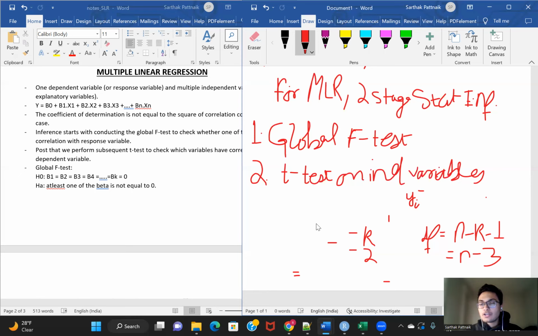In the first stage, what we are trying to understand right at the onset is, does any one variable out of all the explanatory variables that we have at least have an association with my dependent variable? If yes, then I can go ahead and figure out which out of all the independent variables we have actually has an association. But first I need to figure out whether at least one of the variables have any association. That is done using our global F test.